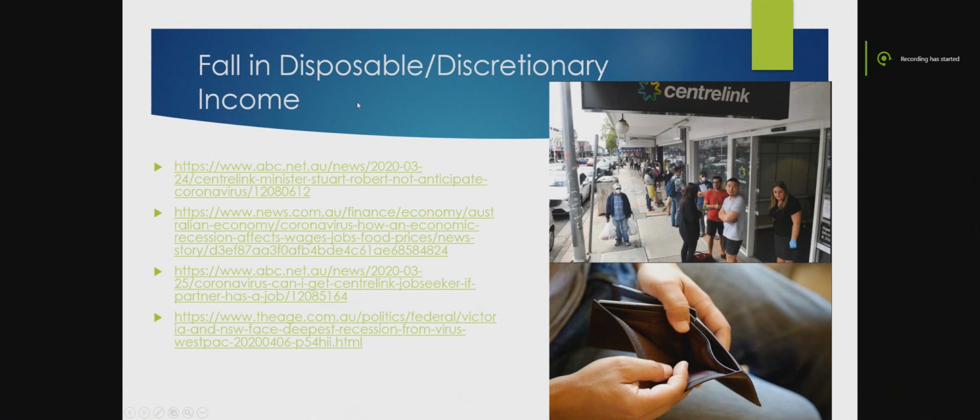So this fall in disposable and discretionary income will most likely have this impact on the economy for most goods and services, where you'll see demand shift to the left. Well, when I say most things, I should take that statement back. It should be most discretionary things you can live without, stuff like holidays, expensive dinners, clothing, all this sort of stuff.